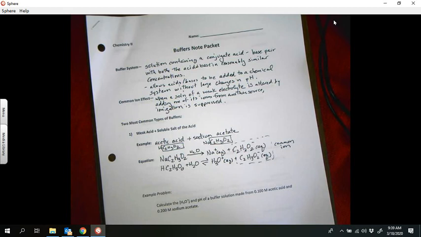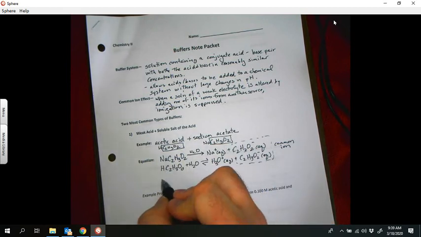So we have to go back to Le Chatelier's principle, clear back from about October and November. It says when you add something, the equilibrium can shift to get rid of it. If we have this equilibrium system right here and we dump in some sodium acetate and it ionizes, that means we're going to increase the amount of C2H3O2- in this equilibrium system.